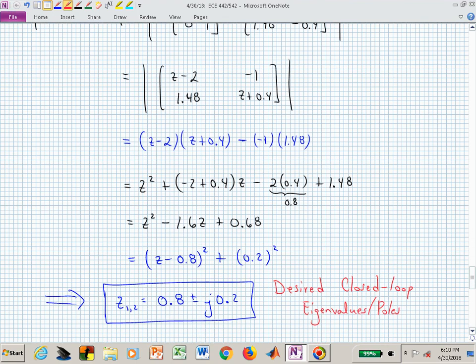I now need to add in 0.04, which is actually 0.2 squared, or the square root of 0.04 is 0.2. And now that is our desired closed loop set of eigenvalues or poles. We've now verified our work by looking in the back of the book, figuratively.